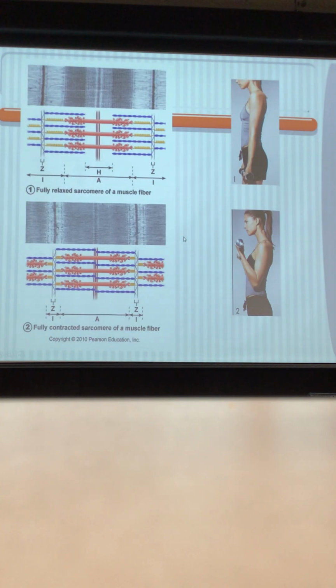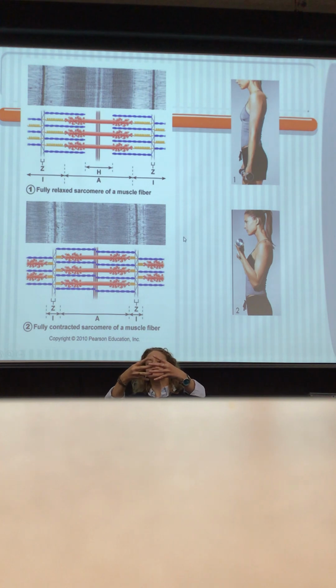So I've already begun to introduce this. This is what a muscle at rest looks like. So here's our unit of actin and myosin. At rest, do you see this space right here? So when a muscle is at rest, the myofilaments have not slid past each other. They're apart.